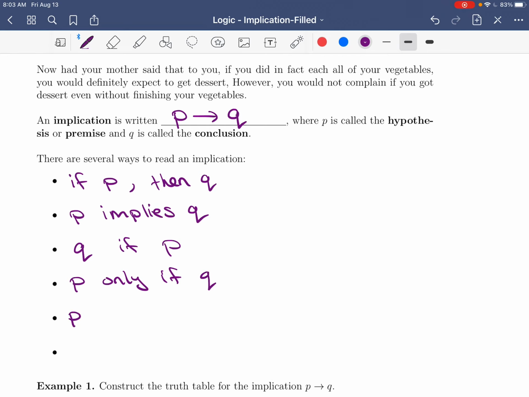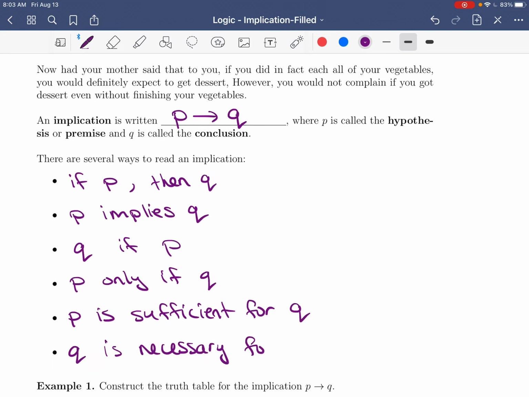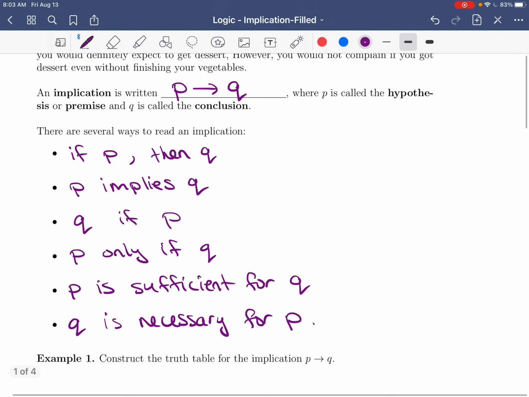Or you could say P is sufficient for Q. Or you could say Q is necessary for P. There's probably more, but those are the main ones that you see. Notice that occasionally the Q is first.